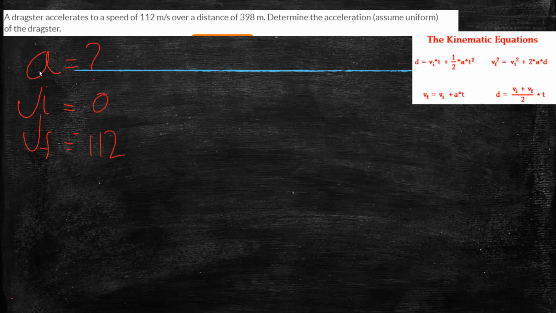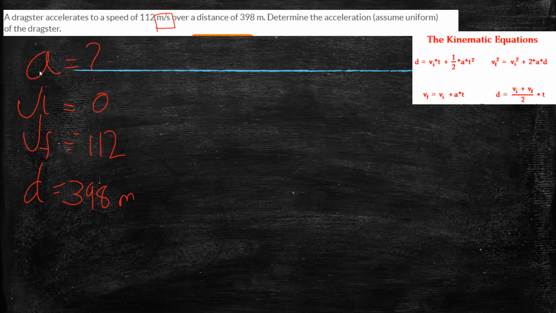It starts from rest until 112 with a distance of 398 meters. Teacher, isn't 112 a time? No, it's meter per second. It's a speed or a velocity.